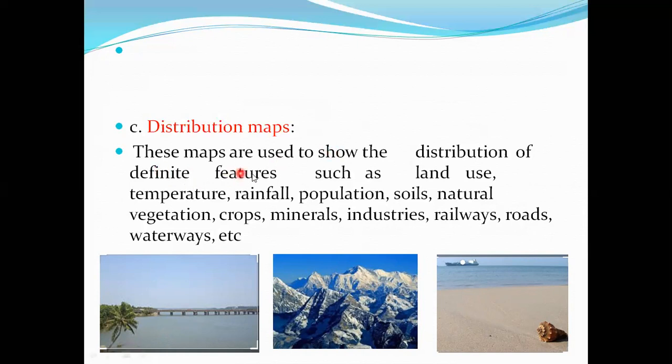The distribution map shows the distribution of definite features such as land use, temperature, rainfall, population, soil, natural vegetation.